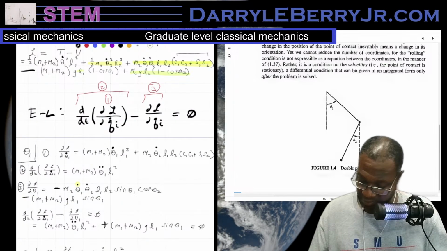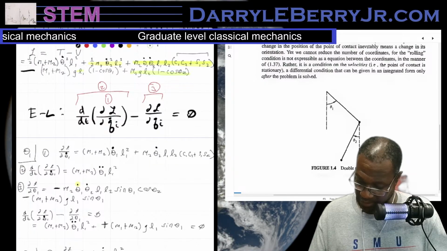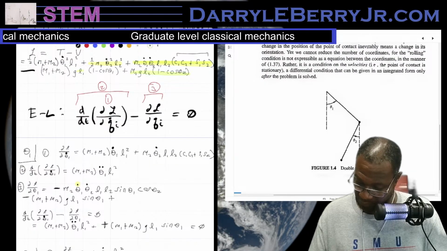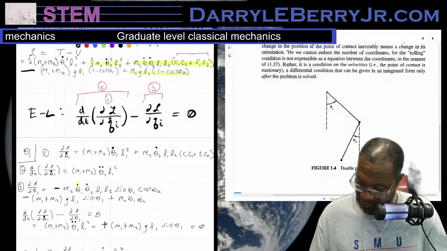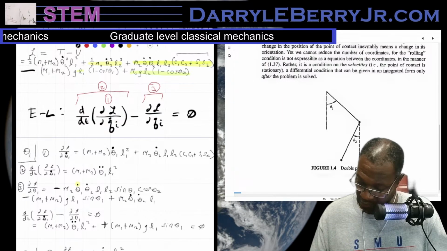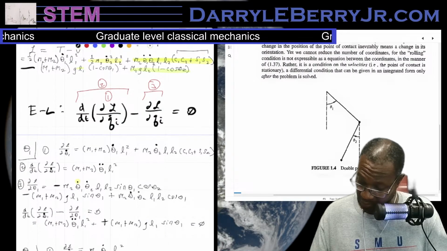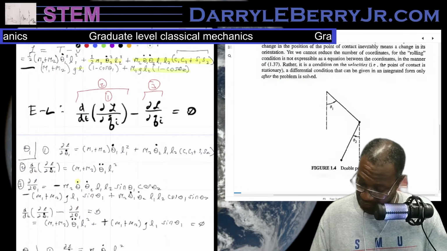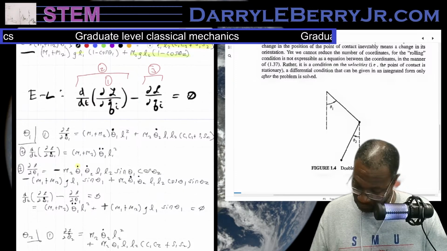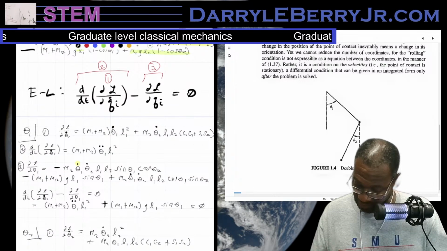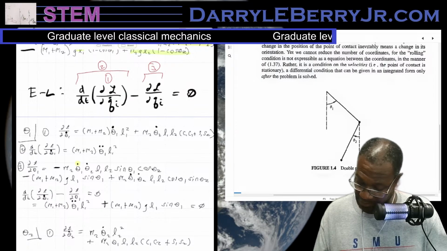That's the extra term I'm missing. So that'll be plus M2 theta 1 theta 2, both of those dotted, L1 L2, but then it'll be cosine theta 1 sine theta 2 for the theta 1 that's there. So that means that the full equation would have a minus this at the end.